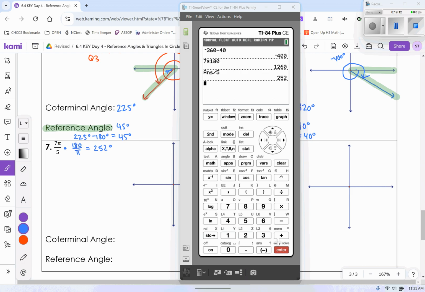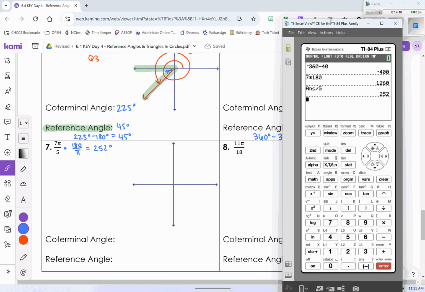So that's just the degree measure for the radian measure. So in this case, 252 would be in quadrant 3, somewhere in there. So that is 7 pi over 5, or 252 degrees.